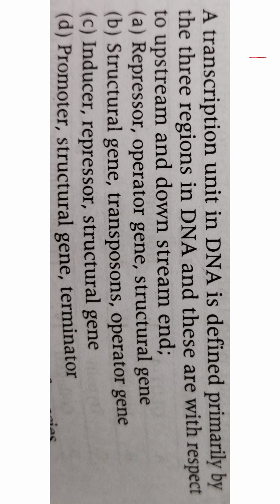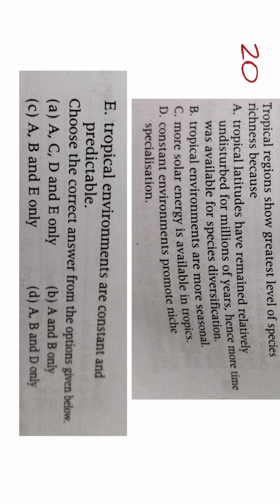Question 19. A transcription unit in DNA is defined primarily by the three regions in DNA, and these are with respect to upstream and downstream end. The answer is option D, promoter, structural gene, terminator. Question 20. Tropical regions show greatest level of species richness because.